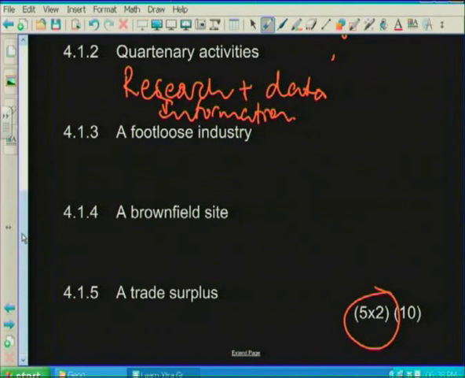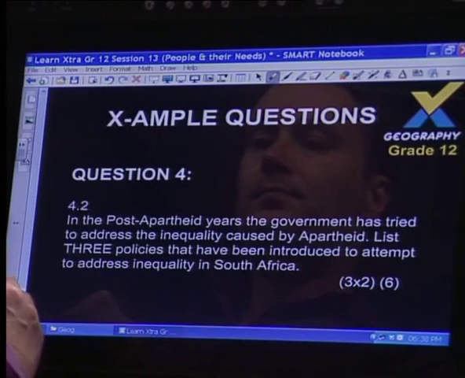What is a brownfield site for 2 marks? Abandoned or underused industrial land that is contaminated by industrial waste. It can be reused if it's cleaned or rehabilitated. Trade surplus. What do we mean by trade surplus? Trade surplus is when you've got the value of exports exceeding or being higher than imports. So there's 2 marks there.